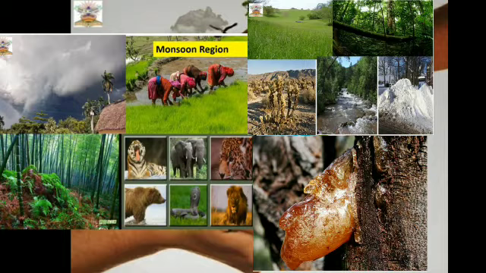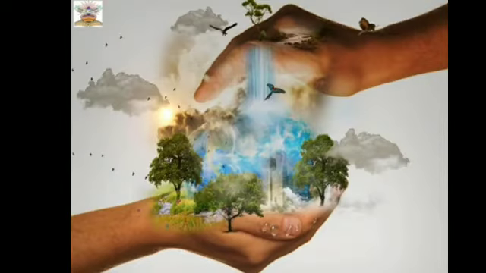So students, these differences in the environment and available natural resources in different natural regions, the progress of a particular region also depends on the natural resources of that particular region.